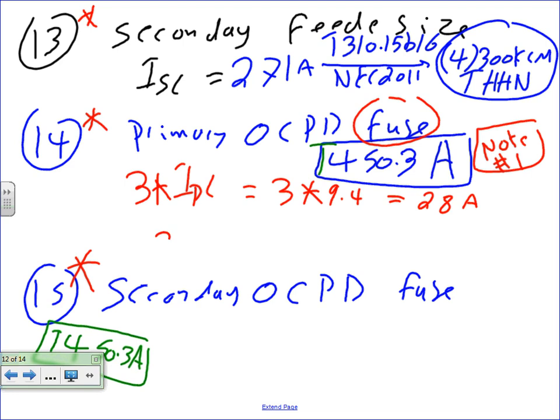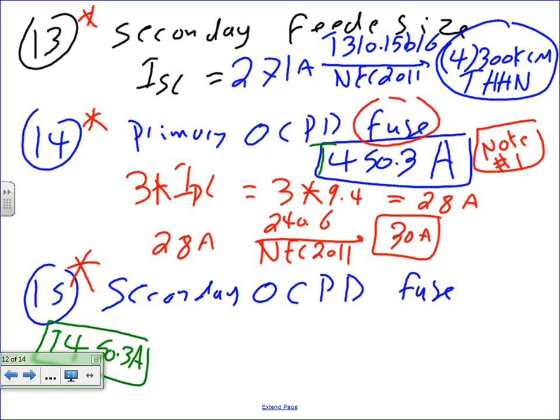Then you're going to take the 28 amps to Table 240.6 in the NEC 2011, and that will get you a 30 amp fuse at 15,000 volt. I can't emphasize it enough: a 30 amp fuse, but look at the voltage though, 15,000 volt.